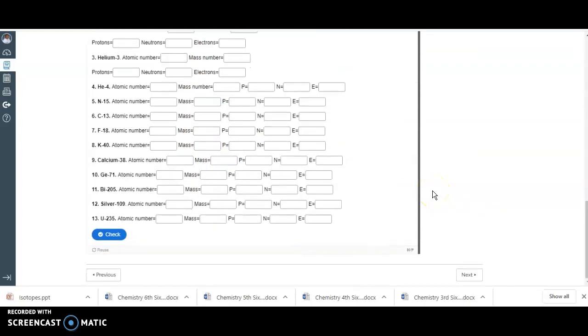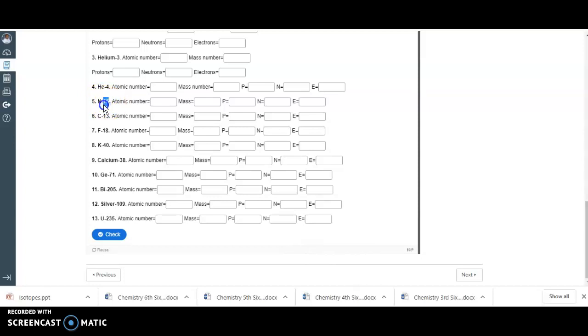So it helps you gain confidence in calculating atomic number, the mass number, the protons, neutrons, and electrons. Remember, you use the periodic table to find the atomic number. And also take note of this number after this symbol. So this number after the symbol, for example, nitrogen-15, means that this isotope of nitrogen has mass number 15.